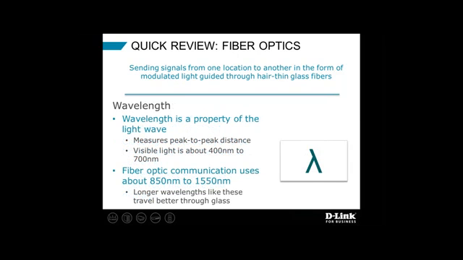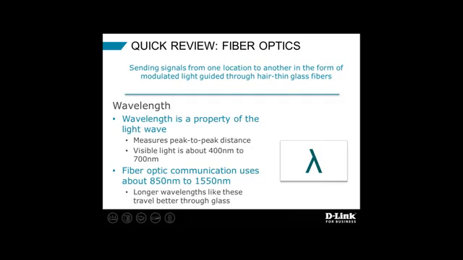Core is something that I'm going to be talking about a little bit later. I'm also going to be talking about wavelength. Wavelength is a property of the light wave. If you think about a sine wave and you measure the peak-to-peak distance from the first peak to the second peak, that's the wavelength. Visible light, the light that we can see with our eyes, for example, is typically around 400 nanometers to 700 nanometers in wavelength.